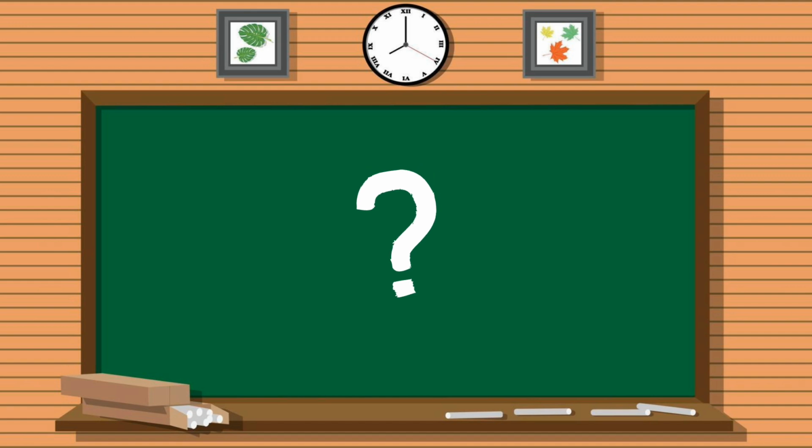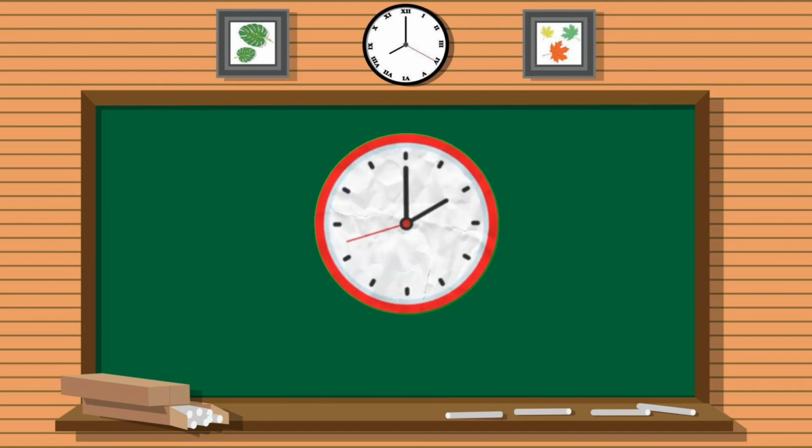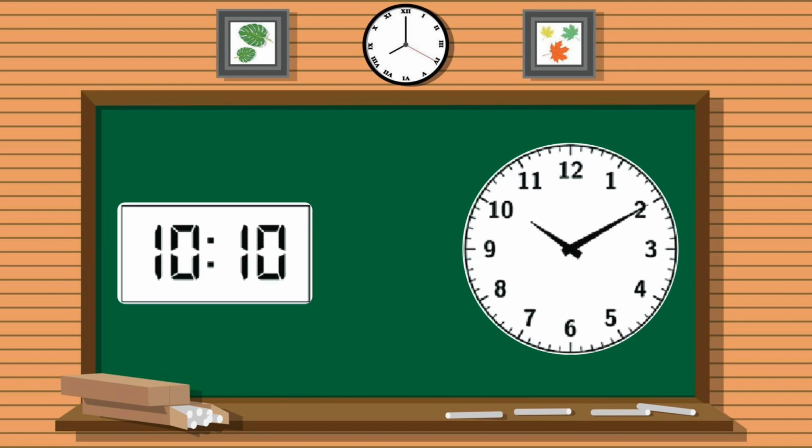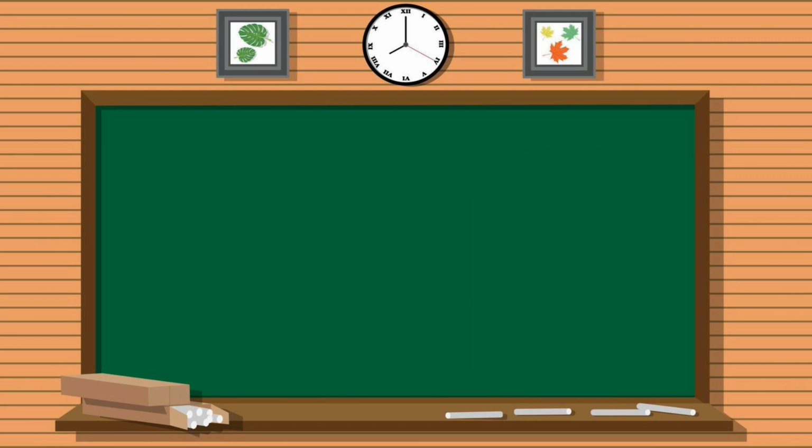Do you know what is the thing we use in telling time? That is right. We use a clock to tell time. There are two kinds of clocks: the digital clock and the analog clock. If you are wondering what is the difference of these two, here is the answer.